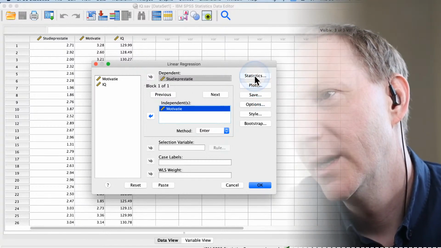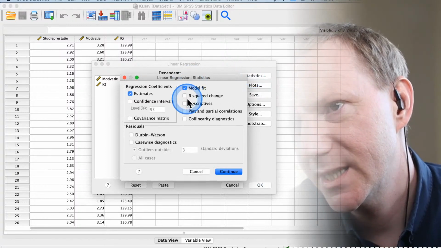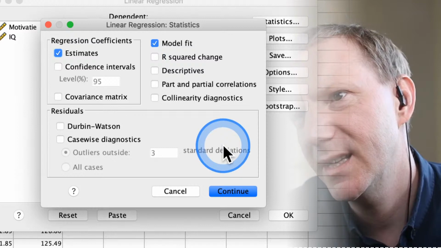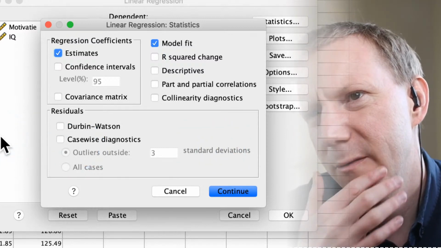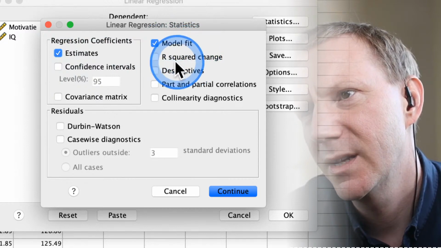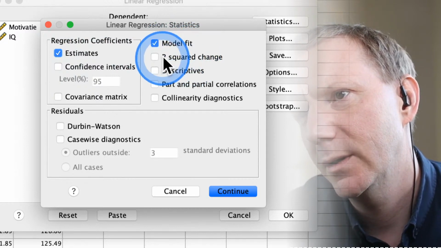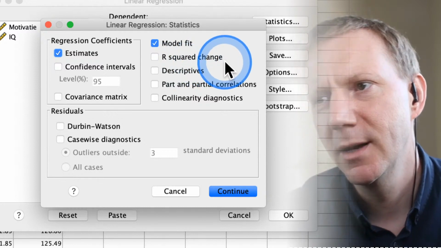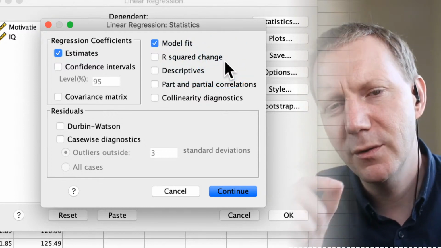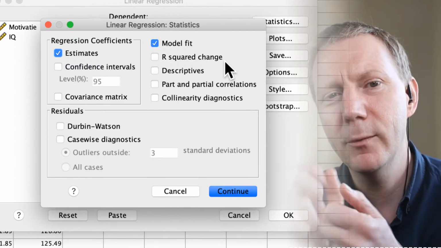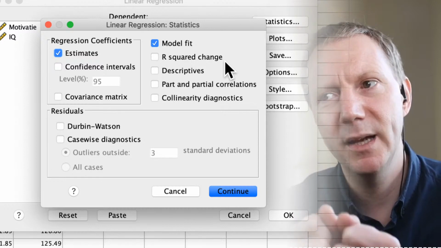Okay, you're welcome. So we have some options, some statistics, of course. If you look at these statistics, we have our coefficients, the model fit, and the R squared change. The R squared change refers to the fact that if I now add a new predictive variable, I want to see the change in explained variance.